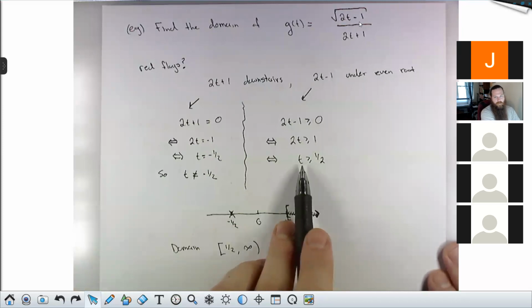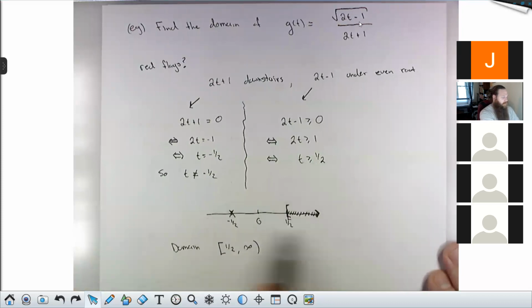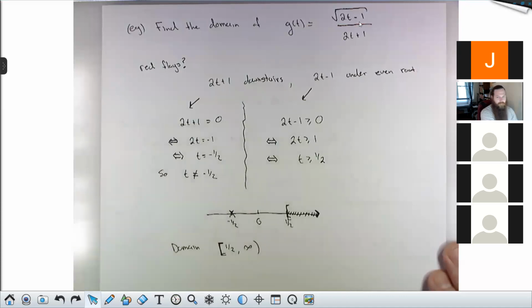So we're saying here t has to be greater than or equal to 1/2. And that's why I drew it down here on the number line. So what are all the numbers that are greater than or equal to 1/2? Well, it's 1/2 itself and everything bigger than 1/2. So the bracket is our way of saying this number is included in the set. That's what the bracket means.